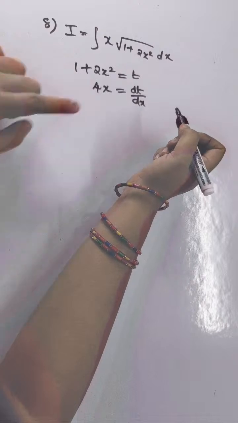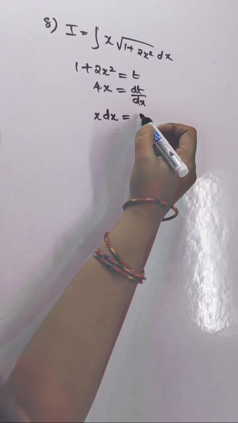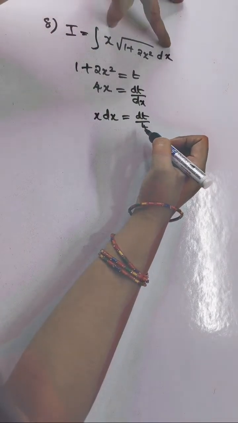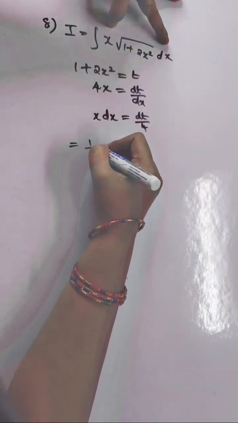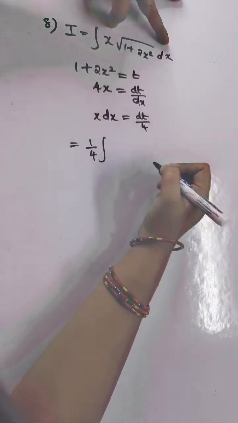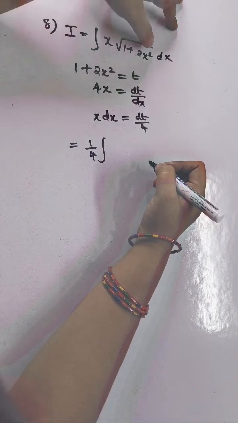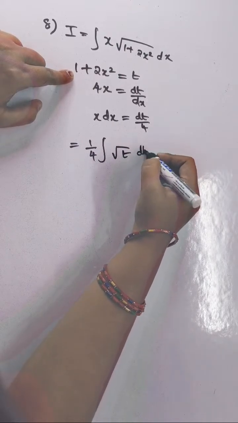Take this 4 to the right side and dx to the left side. So now we will get x into dx as dt by 4. In place of x into dx, we can replace it as dt by 4. That is 1 by 4, you can take it outside. And in place of root 1 plus 2x square, you can write it as root t dt.